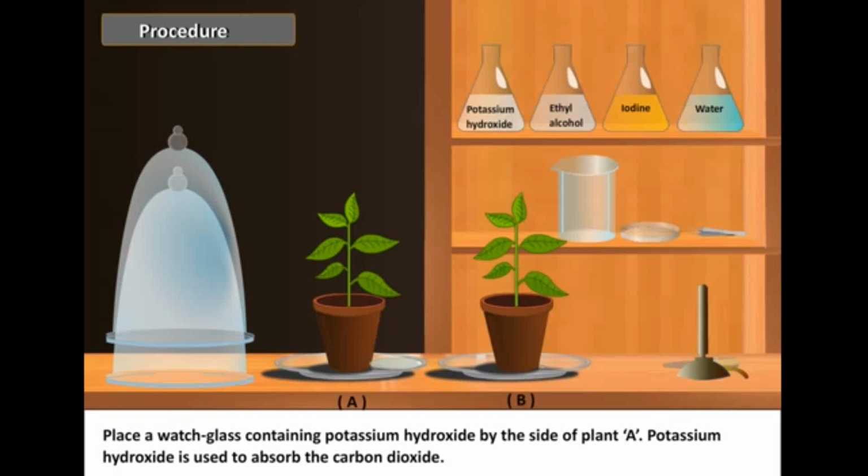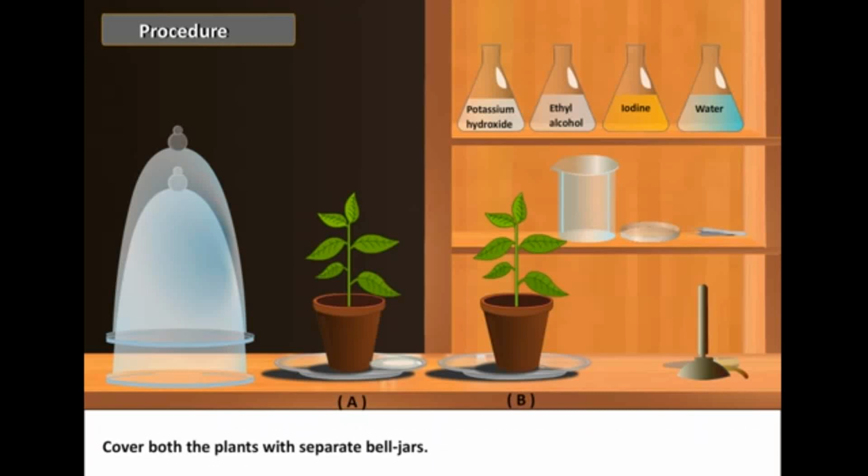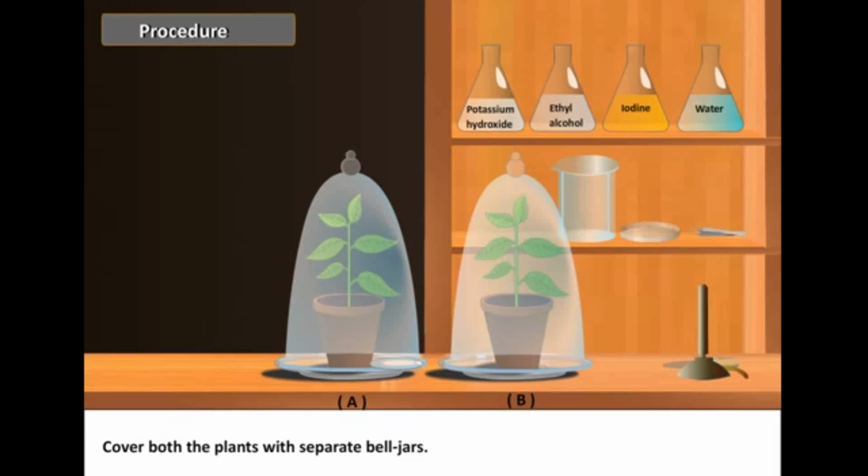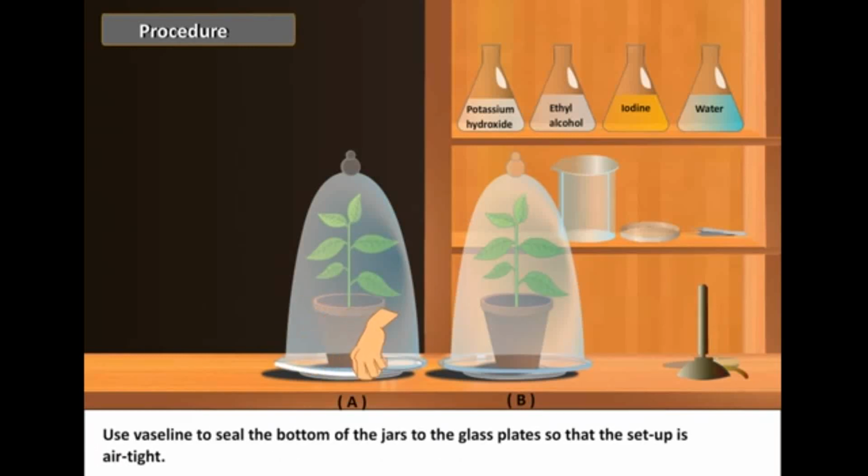Place a watch glass containing potassium hydroxide by the side of plant A. Potassium hydroxide is used to absorb the carbon dioxide. Cover both the plants with separate bell jars. Use Vaseline to seal the bottom of the jars to the glass plates so that the setup is airtight.